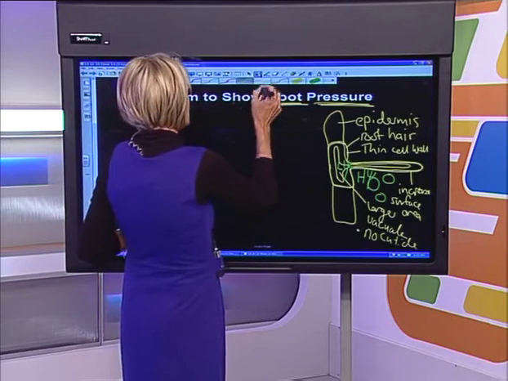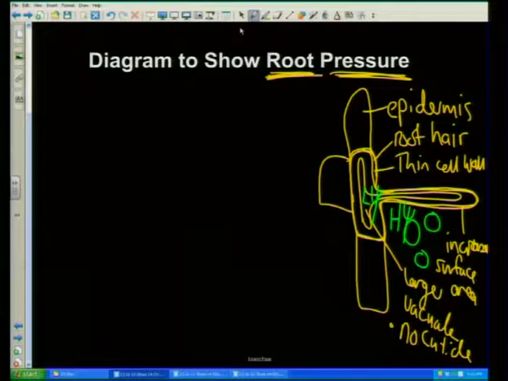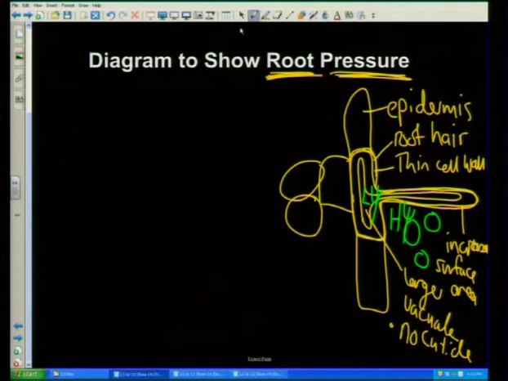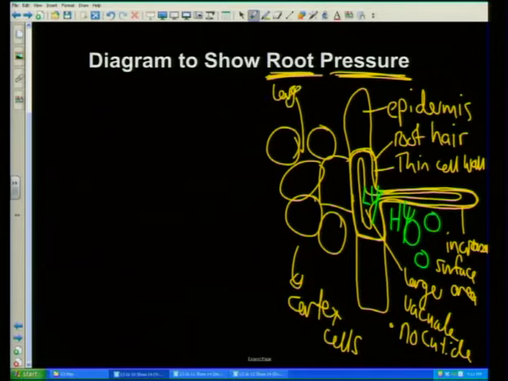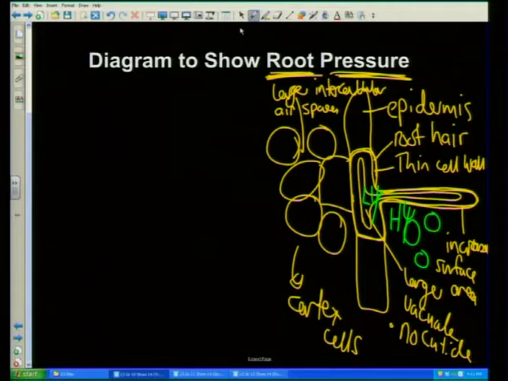Now have a look at this. We go cortex cells, and I'm just going to do a few here. We have our cortex cells, and what are we going to have with our cortex cells? Guess what? They have large intercellular air spaces. Okay? And what does that do? It helps the water to move along.